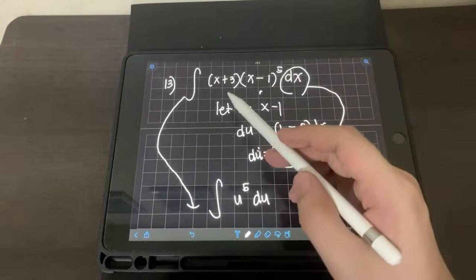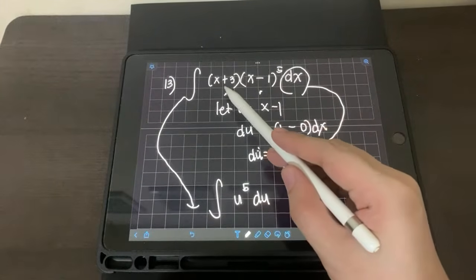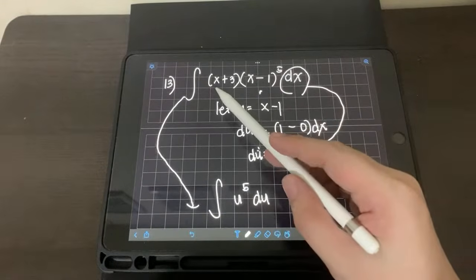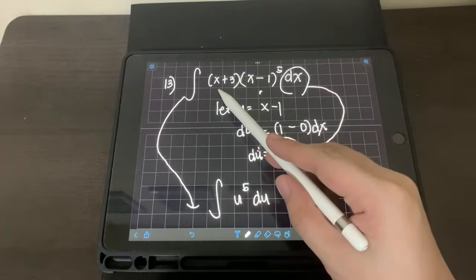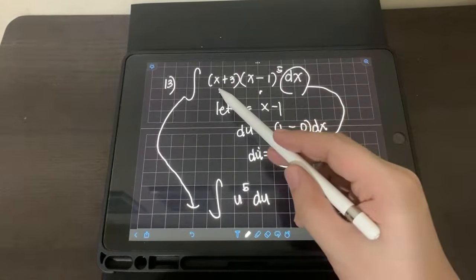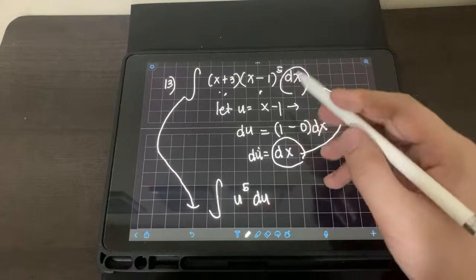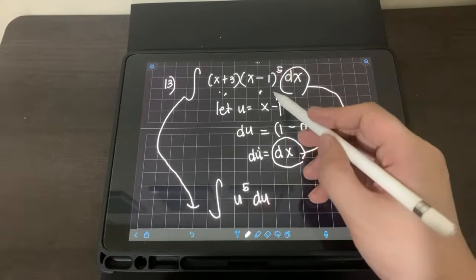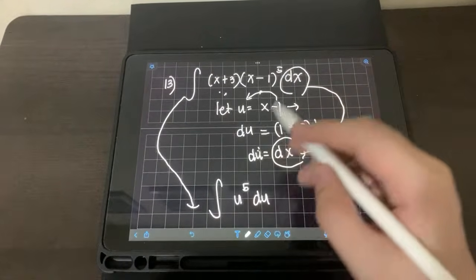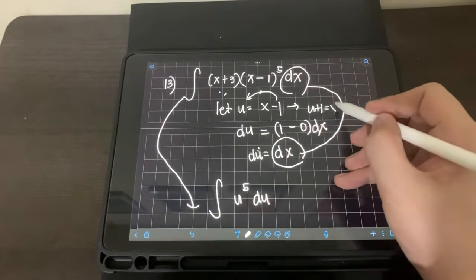Then we still need to substitute here x plus 3. Remember we must transform every variable now in terms of u. To solve for x, we can solve for x in the substitution that we have. You just transpose this negative 1 to the left, so it will be u plus 1 equal to x.